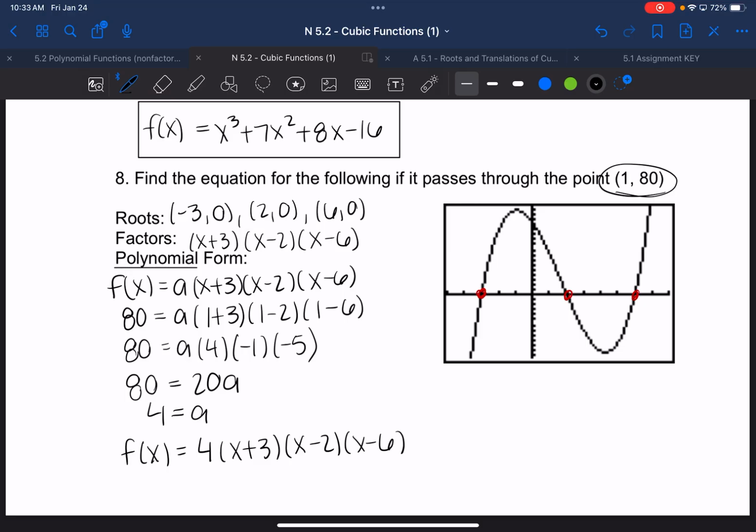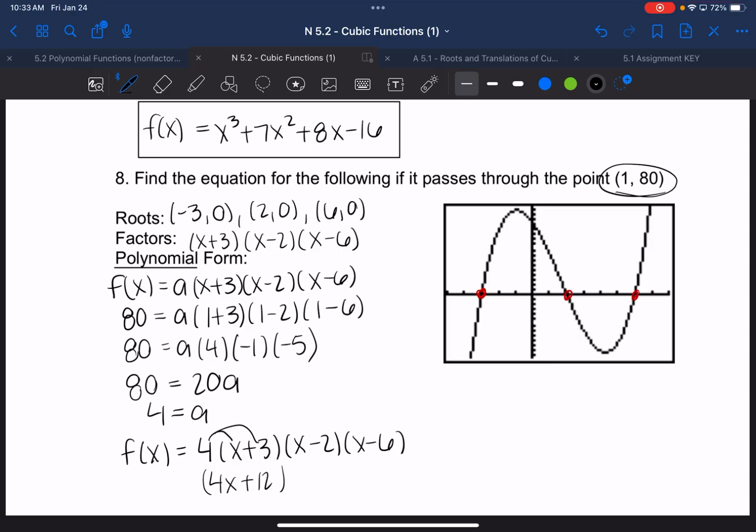They want polynomial form. So that means we got to multiply it all out, right? Okay, so let's start with our first two factors. I could go ahead and also distribute that 4. So if I want to, I could go ahead and change this first factor to 4x plus 12 if you want to. So you're not doing that as a separate step.